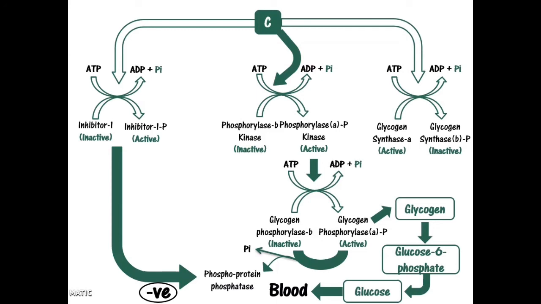Inhibitor 1, when it is not phosphorylated, is inactive. Once the phosphate group is added on it, it will be active, hence inactivating the phosphoprotein phosphatase, and ensuring that there will be no removal of the phosphorylations, which means keeping on activating the glycogen phosphorylase and inactivating the glycogen synthase.